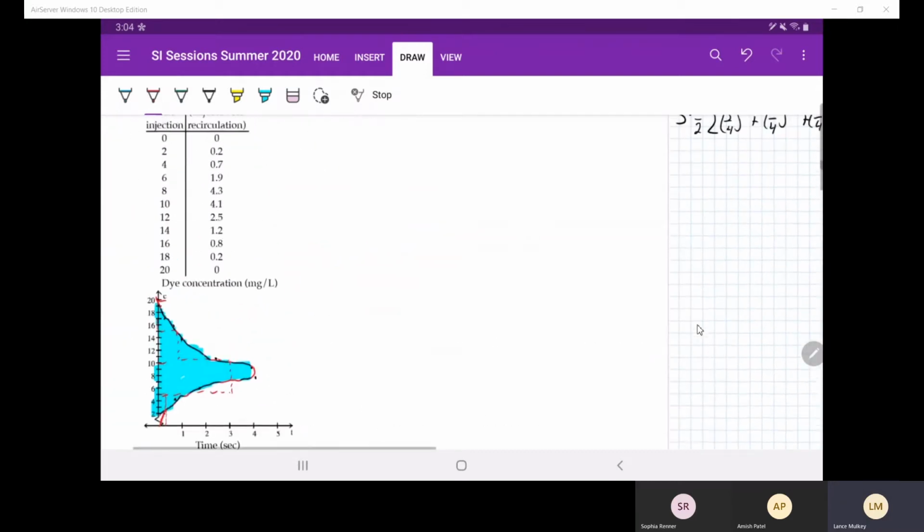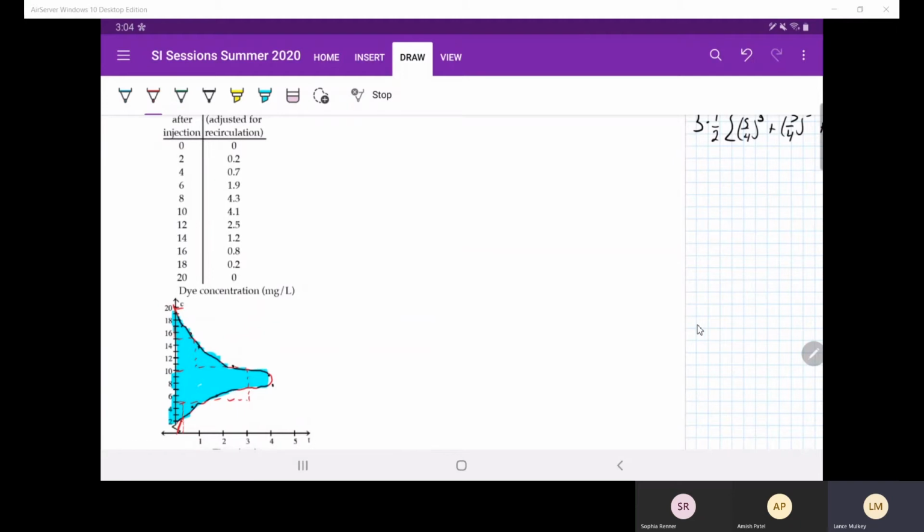But since we know the intervals, we can actually do intervals of 2 seconds. I'm going to do delta t actually. Okay, so never mind the rectangles. Once we know the exact values, we're going to say delta t equals 2 because each is 2 seconds.